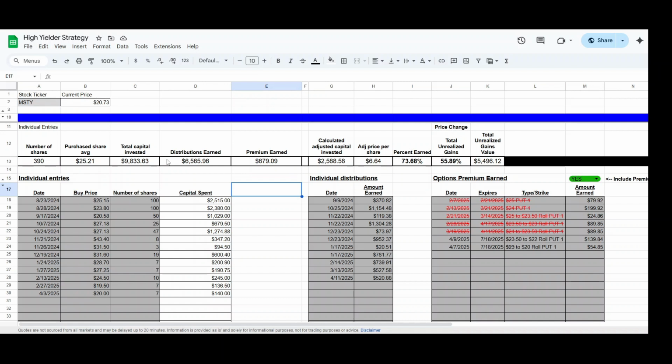I would try to manage it so that I did not lose my shares. But if it takes off, it could leave you and you may end up having to sell. That's why you don't want to sell it for less than what you paid for it, and that's my average of what I paid for it. That way I know at least I've made some money. And then if it drops again, I can sell another put to possibly recoup those shares that I just sold and actually get them at a lower price.